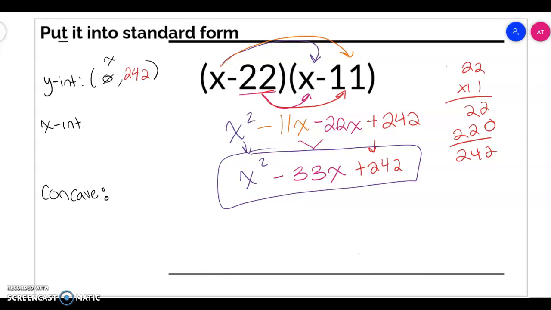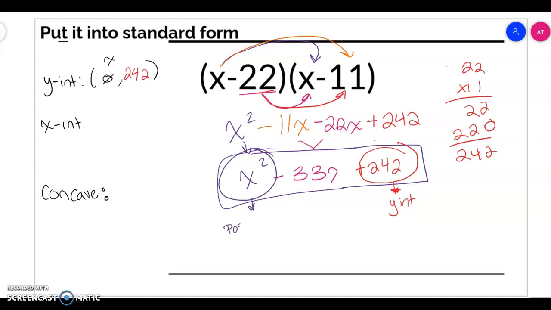A great way to remember it is, this number that's not attached to an x is actually going to be my y-intercept, just like our b when we had y equals mx plus b. And in order to know its concavity, I can look at the first term here.